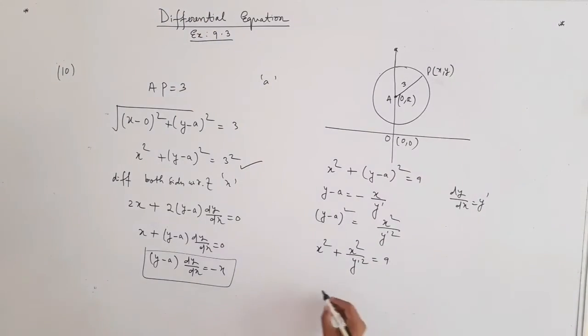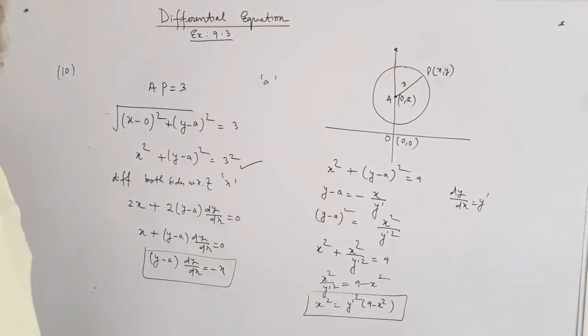Then what do we get? I write this as x square over y dash square equal to 9 minus x square. So x square is y dash square times (9 minus x square). So this is our final answer.